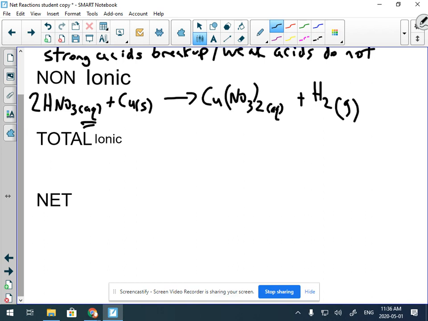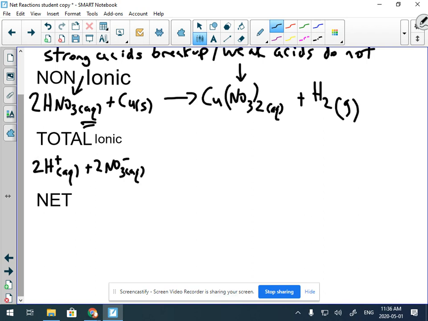Total ionic shows all of the ions. Now, we have to break apart this one because it's aqueous, and with our new rule, we have to break apart the strong acid. So the hydrogen and the nitrate are going to separate. So we wind up with 2 hydrogen ions and 2 nitrate ions.